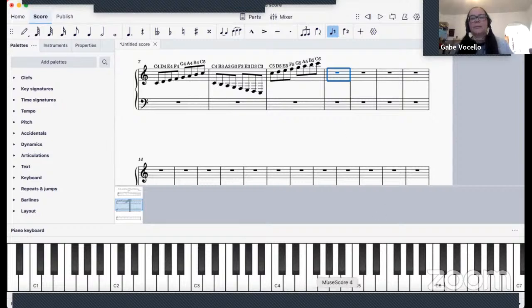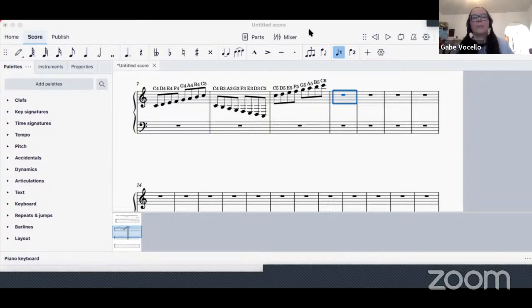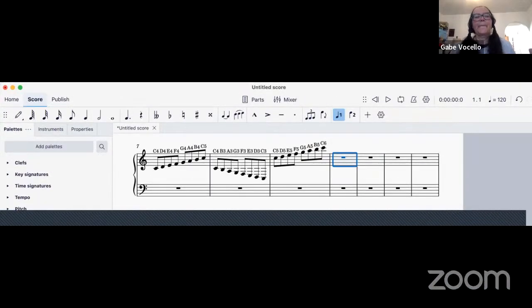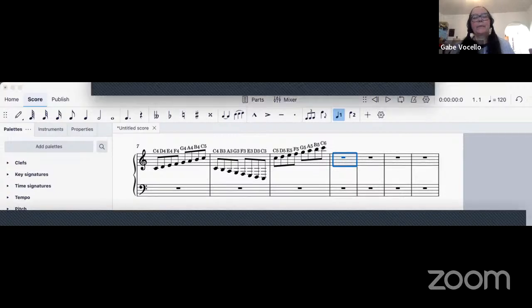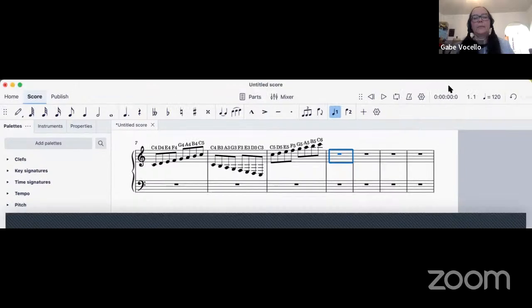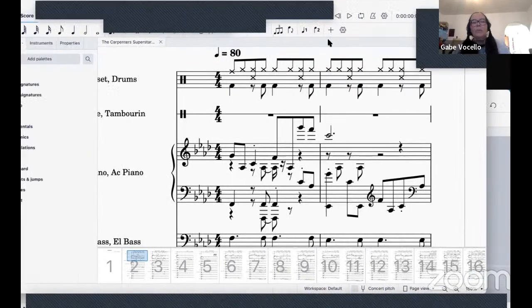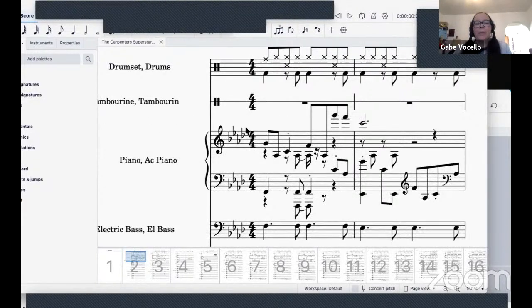Now let me see here. For example, how do you know how to play those notes not placed on the piano?